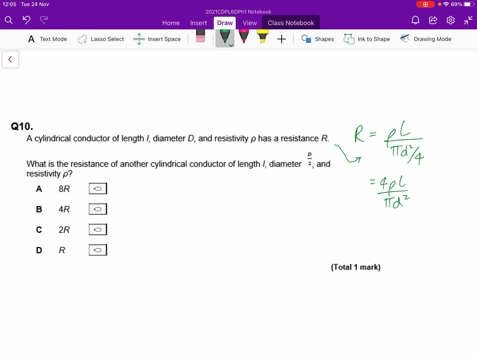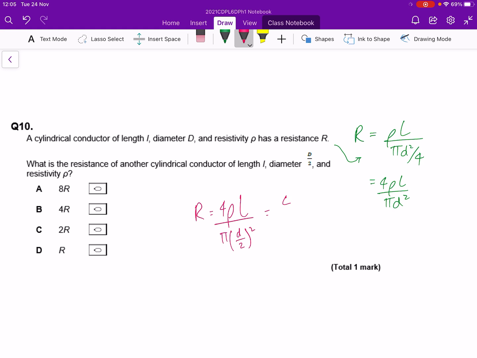And then we've got another conductor, which is a little bit different. In this case, R equals, what's rho? Still rho, still L. We'll bring that 4 up straight away. And then we've not got pi d squared, we've got pi times d over 2 squared.